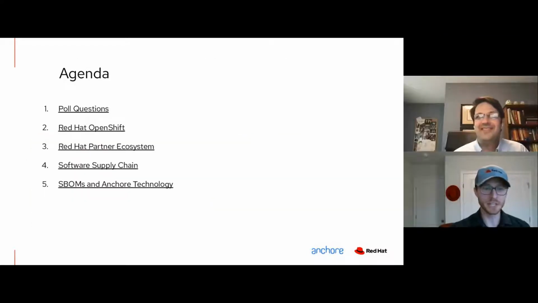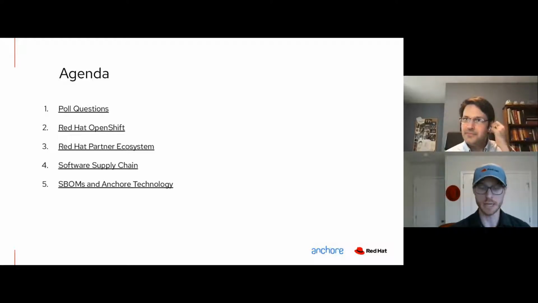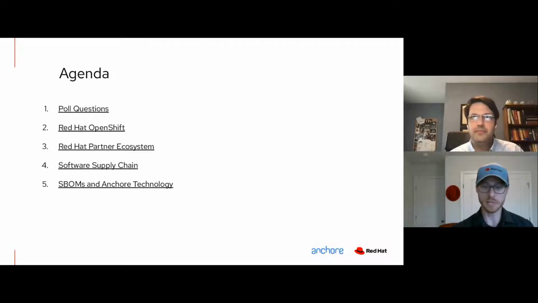The agenda today is pretty straightforward. First, we're going to knock out some polling questions, so we're going to have a little bit of fun with that. That's also going to help me and Paul really get a feel for the audience and know where everybody is as far as your digital transformation journey and your security in your container environments. I'm going to speak briefly on OpenShift. Maybe it's a review for some of you who already have OpenShift.